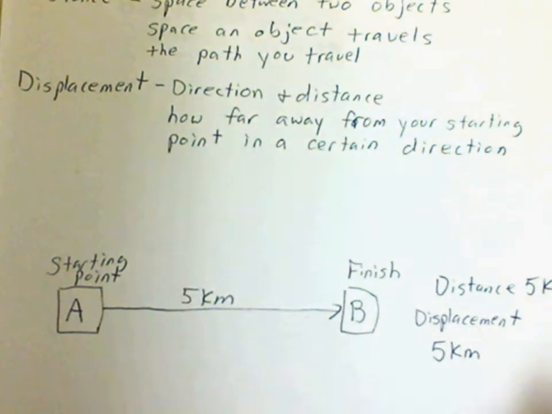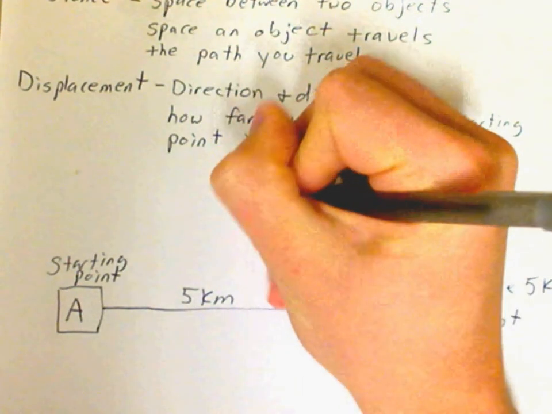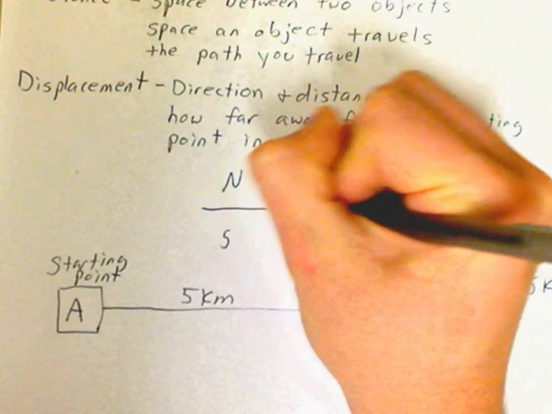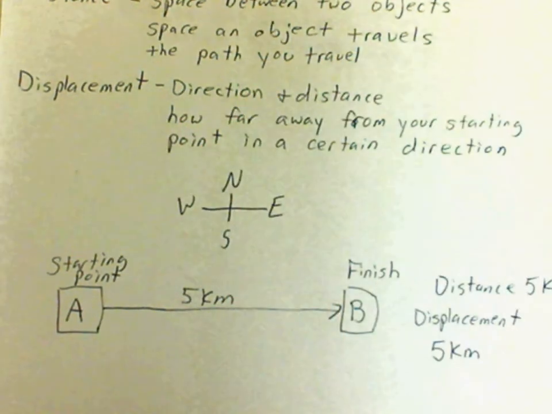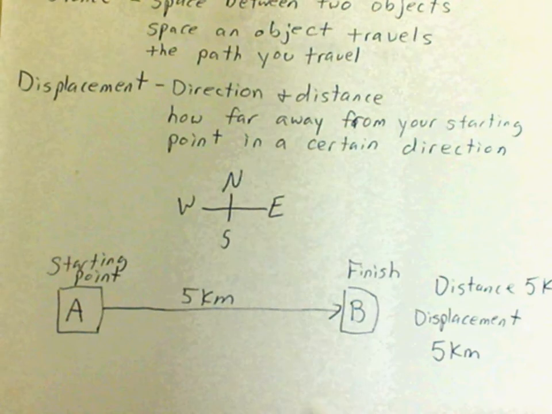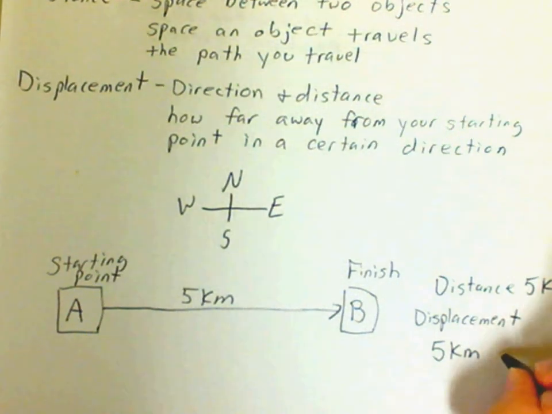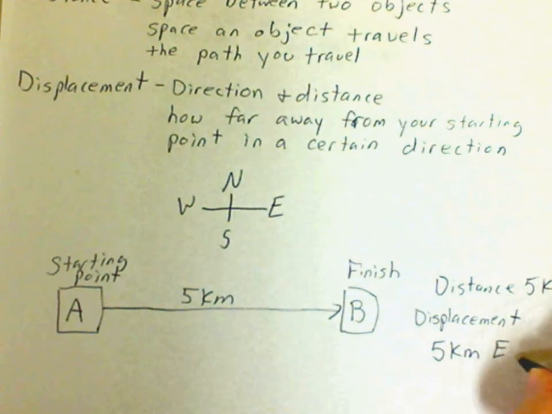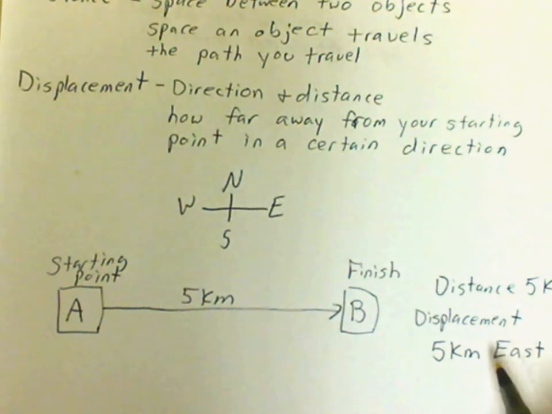But in this sketch, if we're using our cardinal directions, north, south, east, and west, we see that this is 5 kilometers east, because you need a direction with your displacement. So while your distance is 5 kilometers, your displacement is 5 kilometers east.